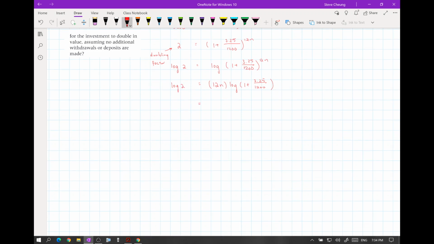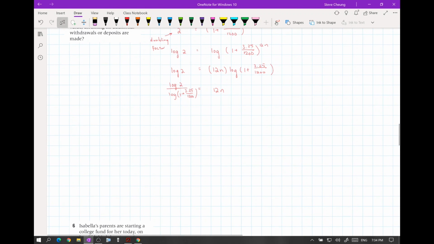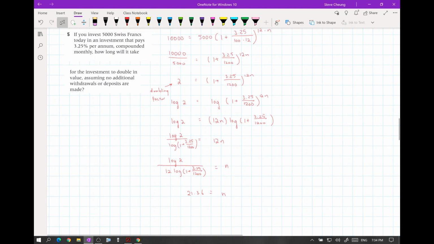So the logarithm is basically just a function that returns a value, so we can take the ratio of the logs and then just divide this whole thing by 12. So then n is 21.36. This is in years.